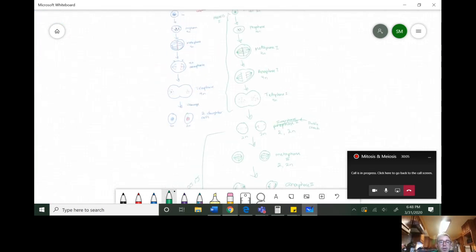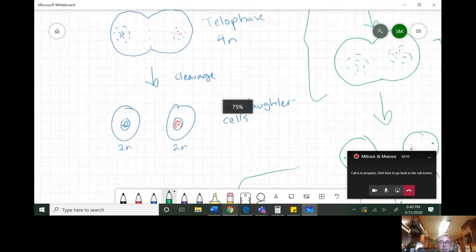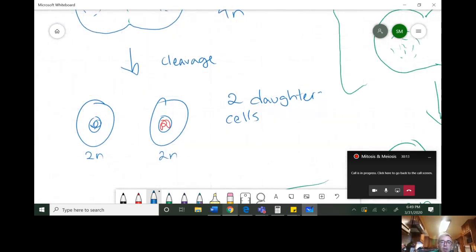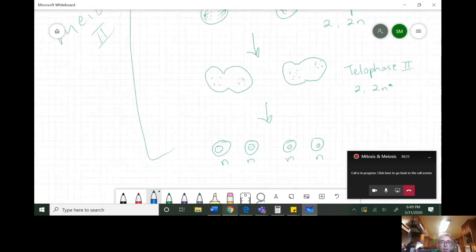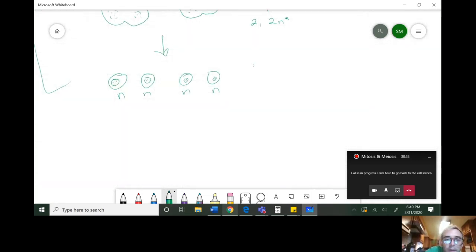So different end results than mitosis, 2 identical daughter cells, two daughter cells that are identical. And here we have 4 non-identical daughter cells.